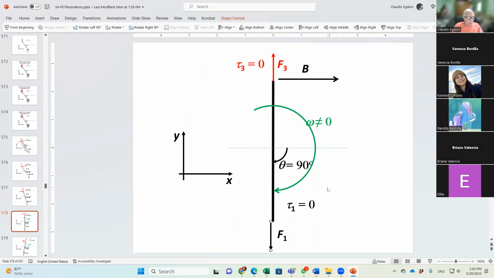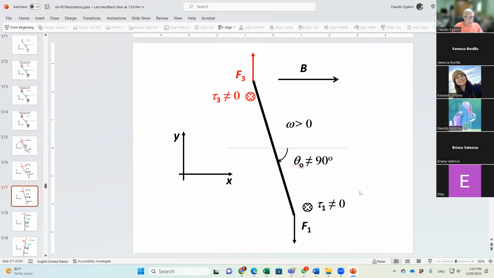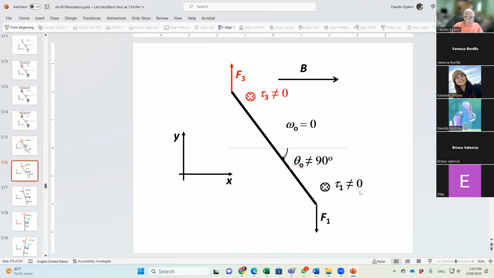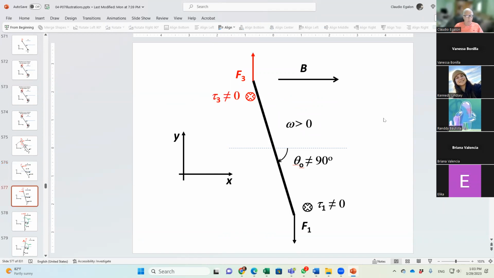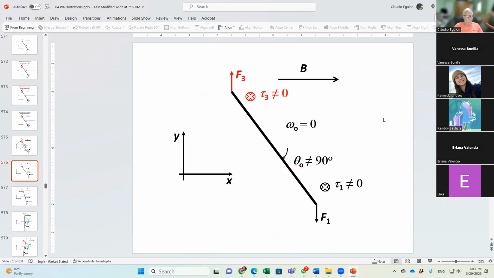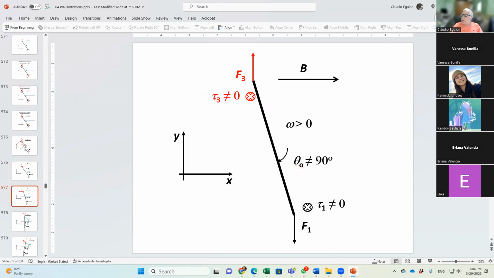The force is going to decrease little by little because of the angle between the B field and the area vector.